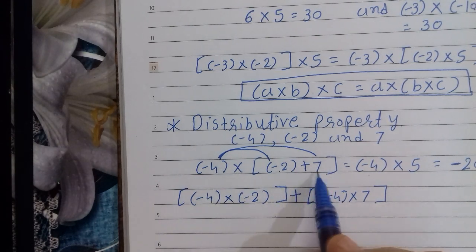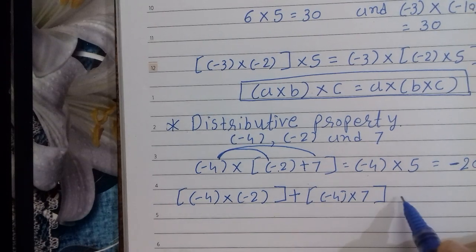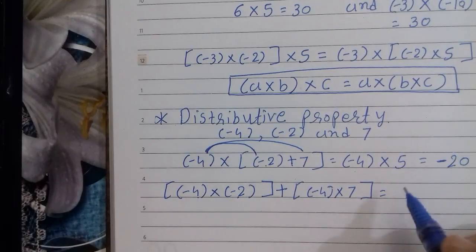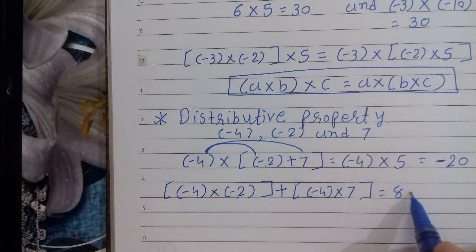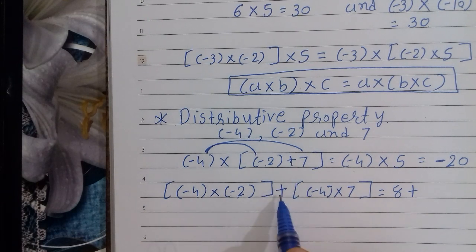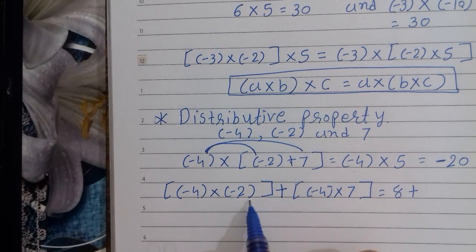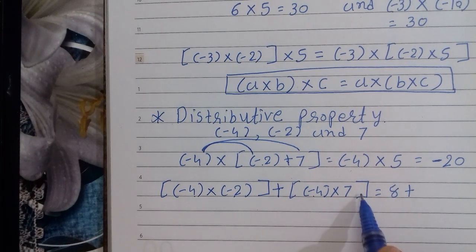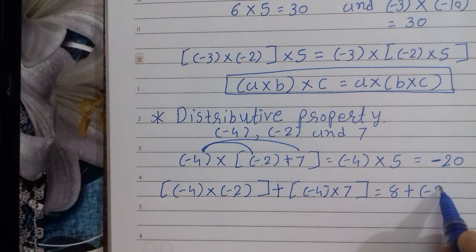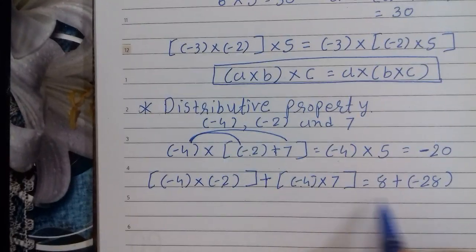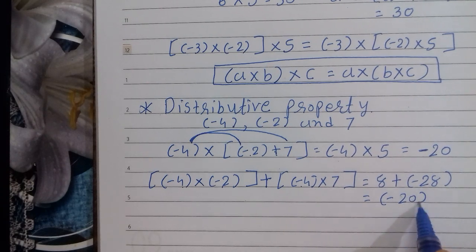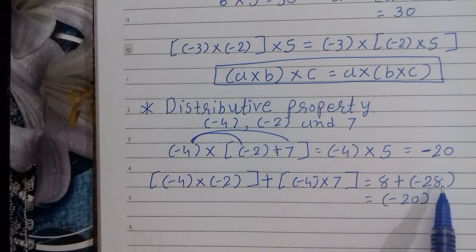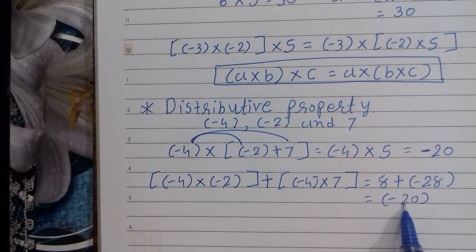So distribute this bracket. Minus 4 into minus 2, the product is 8, plus, here the sign is plus, so write plus between two brackets, and minus 4 into 7 is minus 28, and 8 plus minus 28 is equal to minus 20. Here one is a positive integer and one is a negative integer. So the sum of these two integers is minus 20.